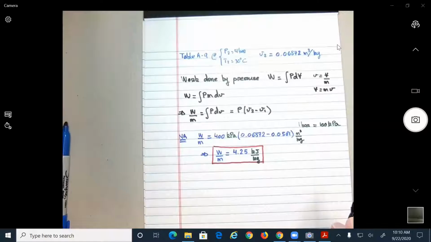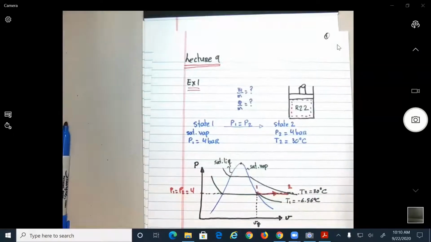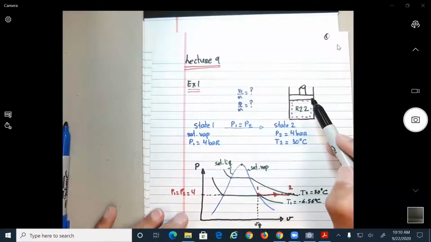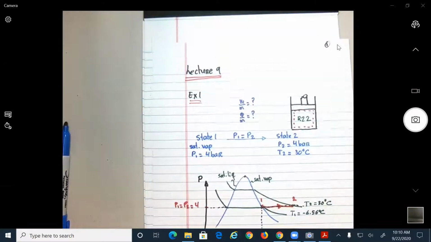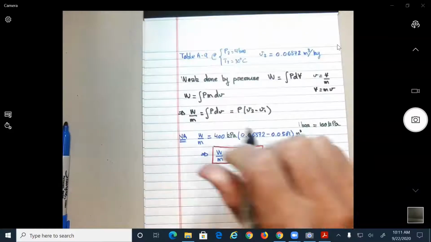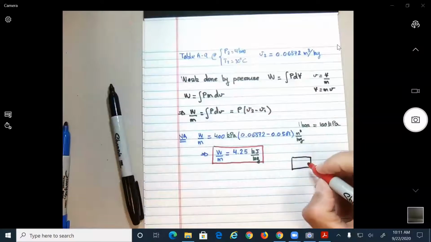All right, so we found the first question here. The first thing we needed to find in the problem, what is the work done by the piston, okay? So if this is positive, what does that mean? Remember, the sign convention is work positive is work done by the system, no?